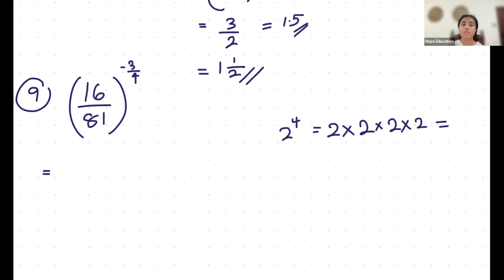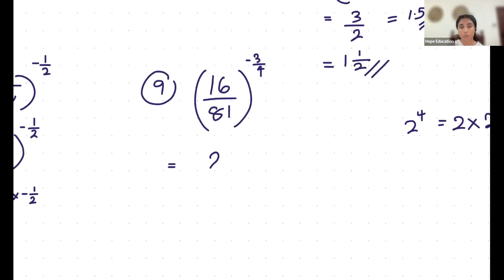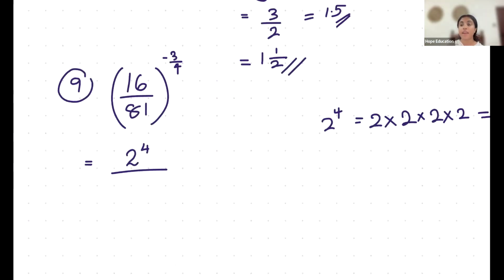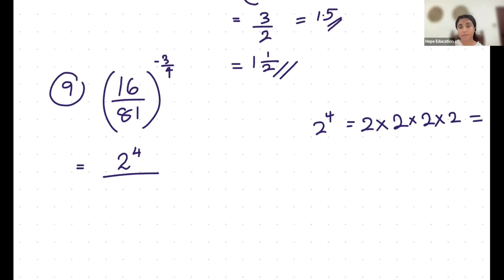So I write 16 as 2 to the power 4, divided by 81. 81 I can write as 3 to the power 4.